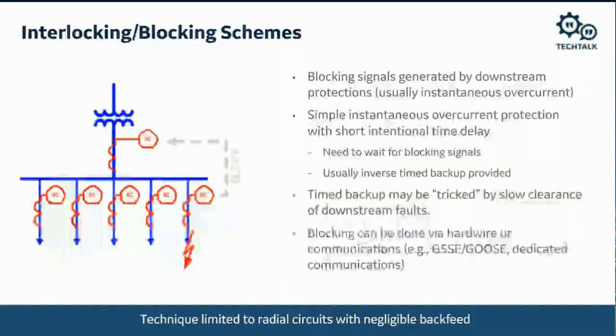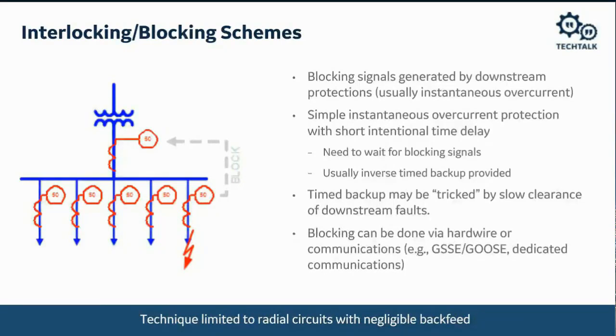Interlocking or blocking schemes are typically referred to here in North America as zone interlocking. This scheme uses a blocking signal. In this example, we have one source, and all our loads will be wired to block our source.